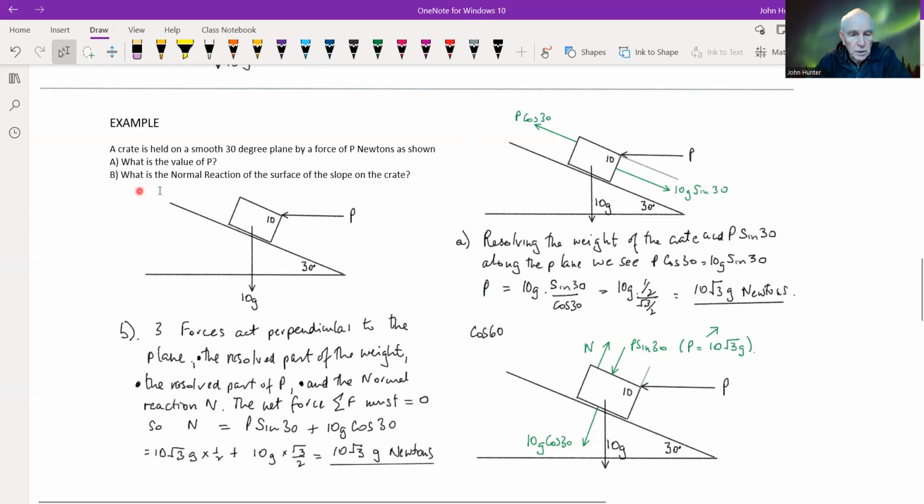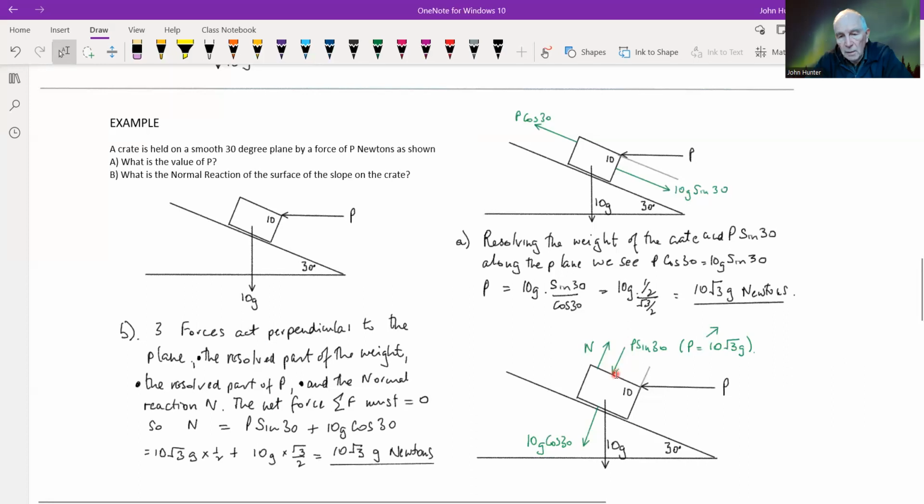Now, the second part is, what is the normal reaction of the surface of the slope on the crate? We've brought that out in this diagram here. Three forces act perpendicular to the plane. Looking perpendicular to the plane, we've got the weight resolved perpendicularly, through 30 degrees, this angle here, so that's 10g cos 30.